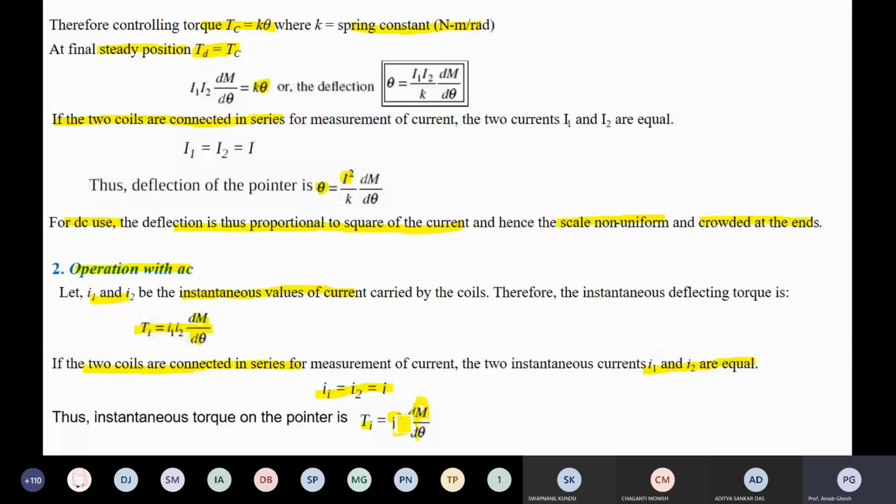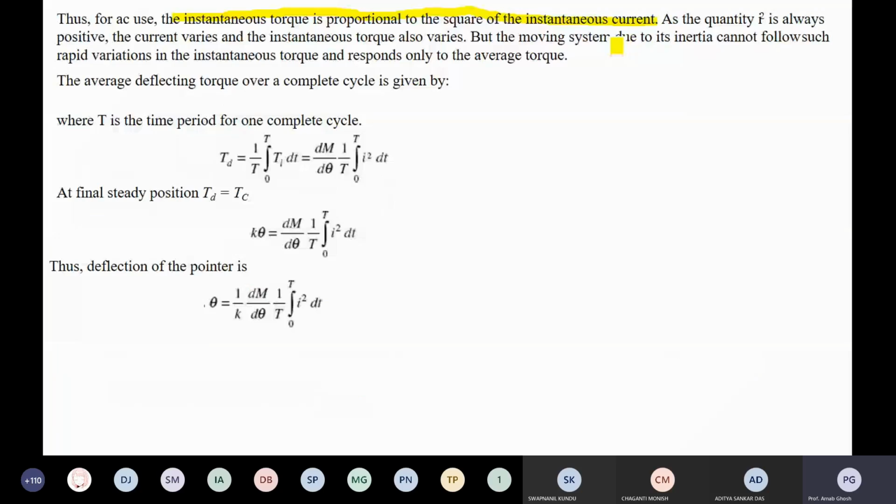Thus, for AC use, the instantaneous torque is proportional to the square of the instantaneous current. As i square is always positive, when the current varies, the instantaneous torque also varies. But the moving system, due to its inertia, cannot follow such rapid variations of the instantaneous torque and responds only to the average torque.